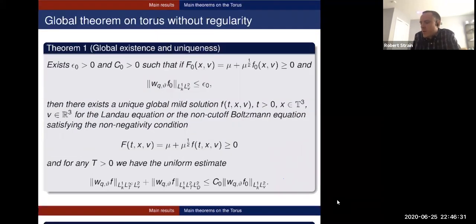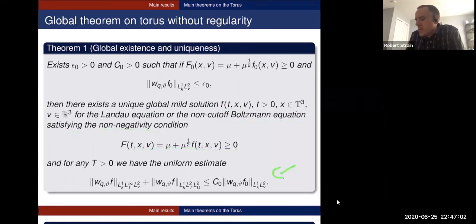Okay, and now I can tell you our main theorem. So there exists an epsilon small and a constant C greater than 0, such that for non-negative initial data, if the initial data is small with a weight, then there exists a unique global mild solution to either the Landau equation or the non-cutoff Boltzmann equation that remains non-negative.